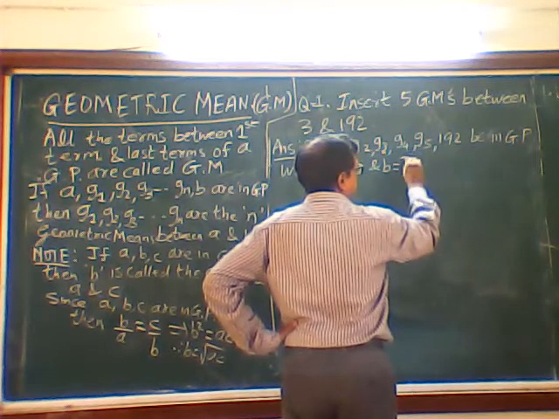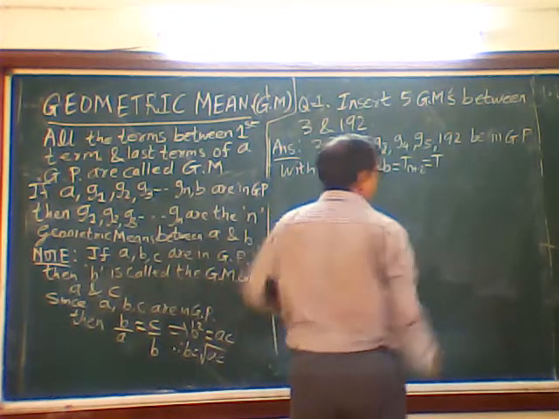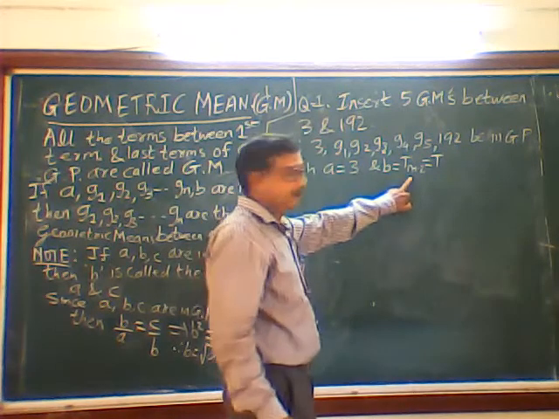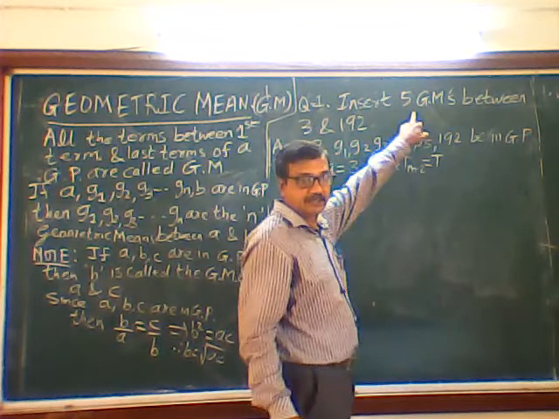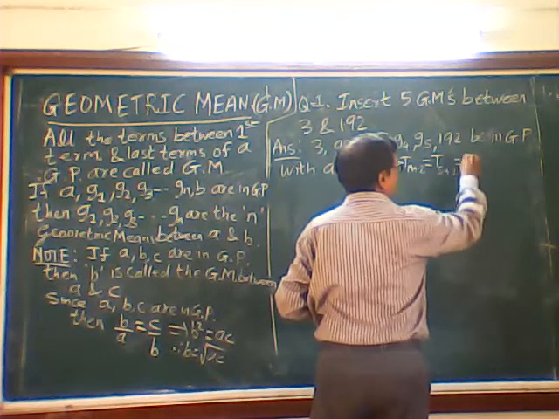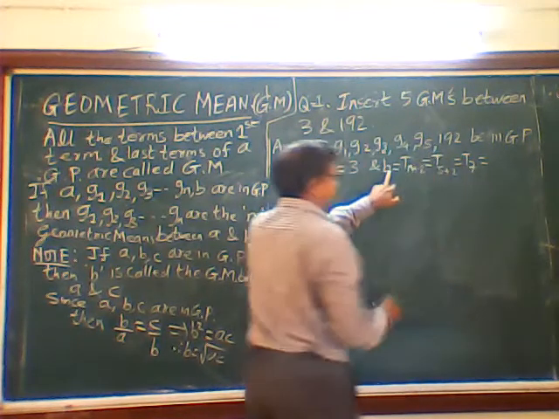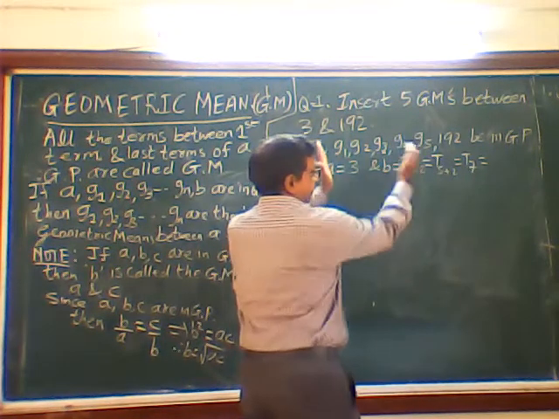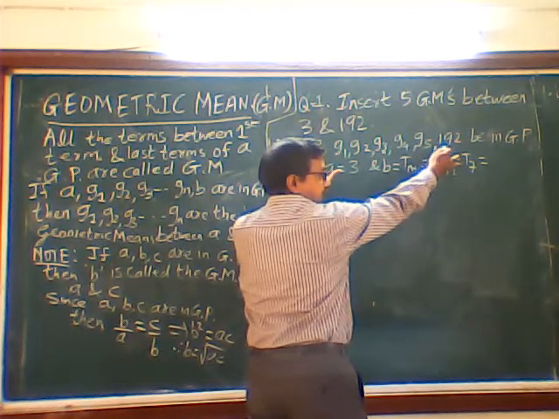B is nothing but Tn+2. Here n is 5, since we inserted 5 geometric means between 3 and 192.